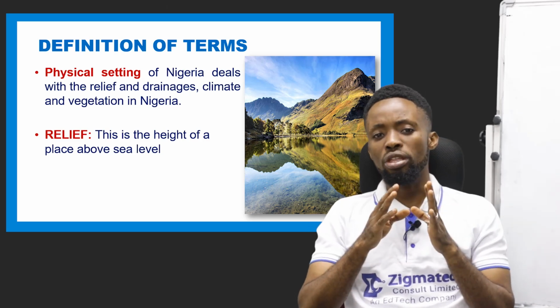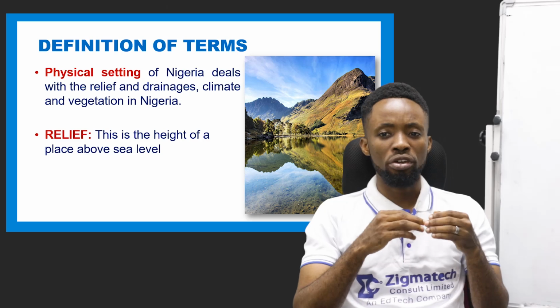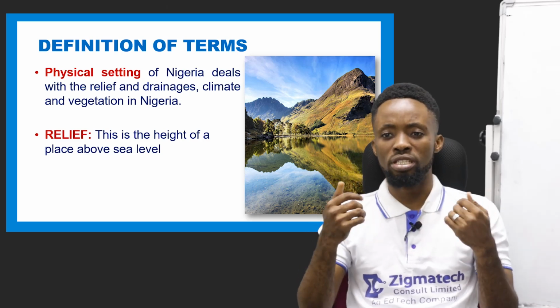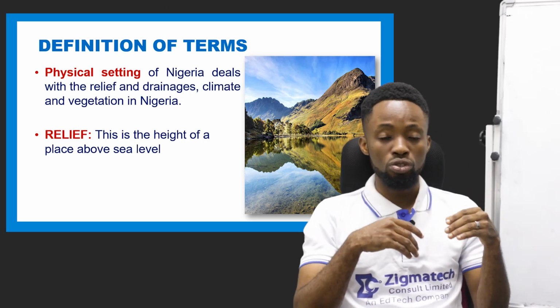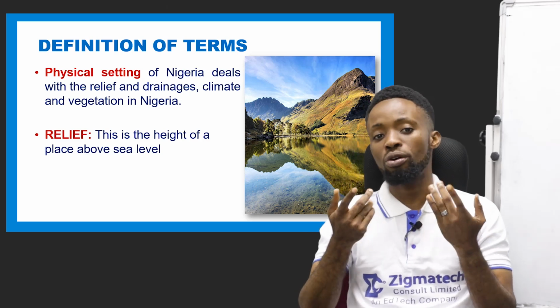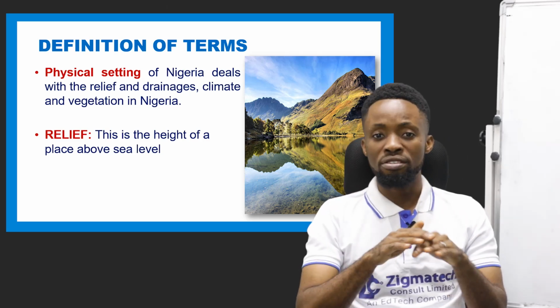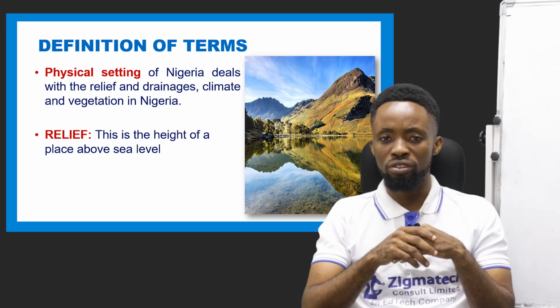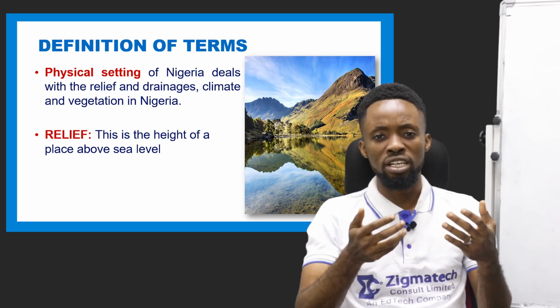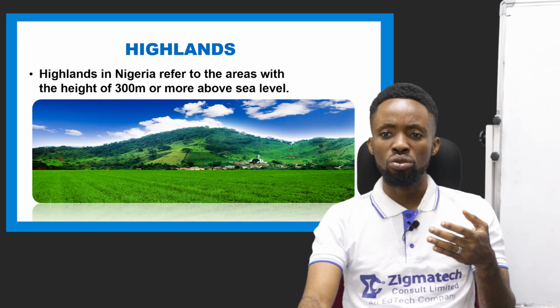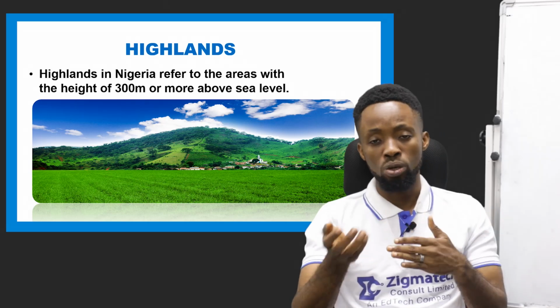When we talk about relief, we are talking about the height of a place above sea level. So it means how high or how low a place is from the level of the sea. And relief is categorized into the highlands and the lowlands.